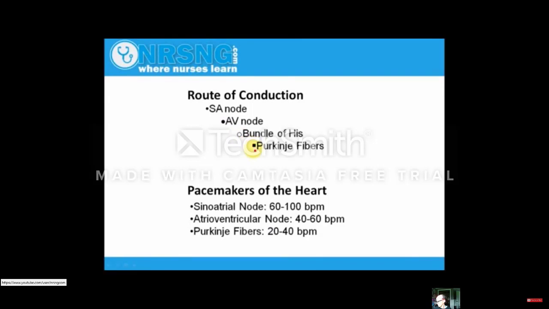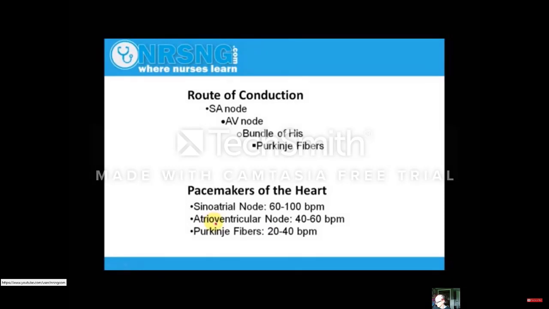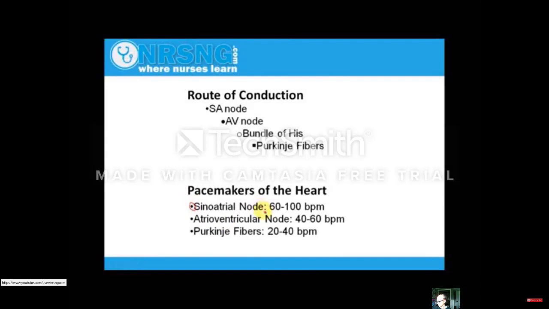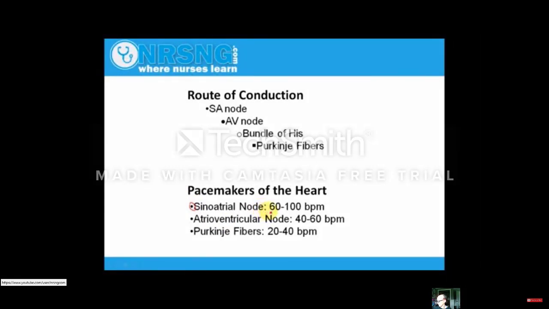Now, our heart is pretty unique in that it has a couple of fallback systems, so that if our SA node fails, we're still getting the blood and oxygen we need throughout our body. The SA node initiates an impulse about 60 to 100 times every minute. That's why we say a normal heartbeat is between 60 and 100 beats per minute.